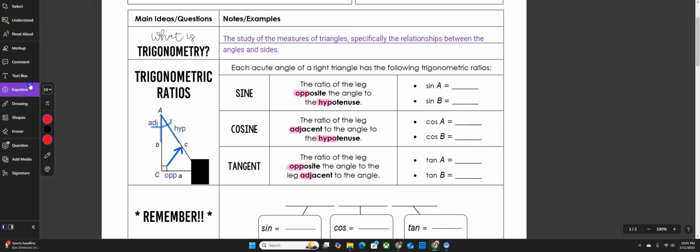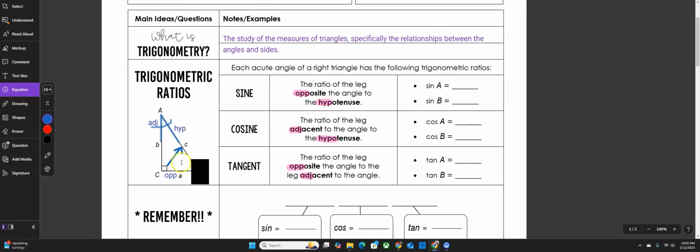So we're going to set up these ratios. I'm going to use the equation editor so that I can make vertical fractions. And again, I am focusing on angle A. We want to look at the ratio of the leg opposite the angle to the hypotenuse. So we're going to do the sine. I know it says sin here, that's short for sine.